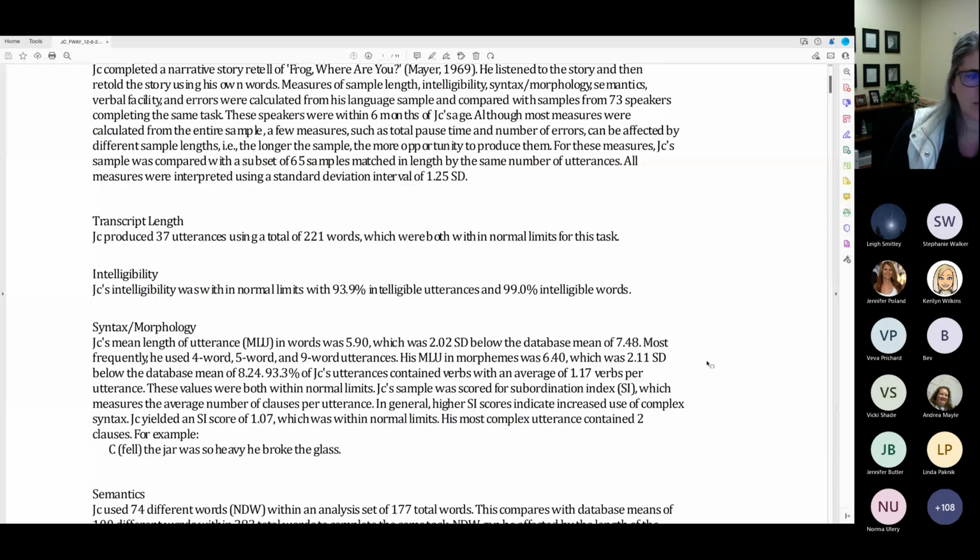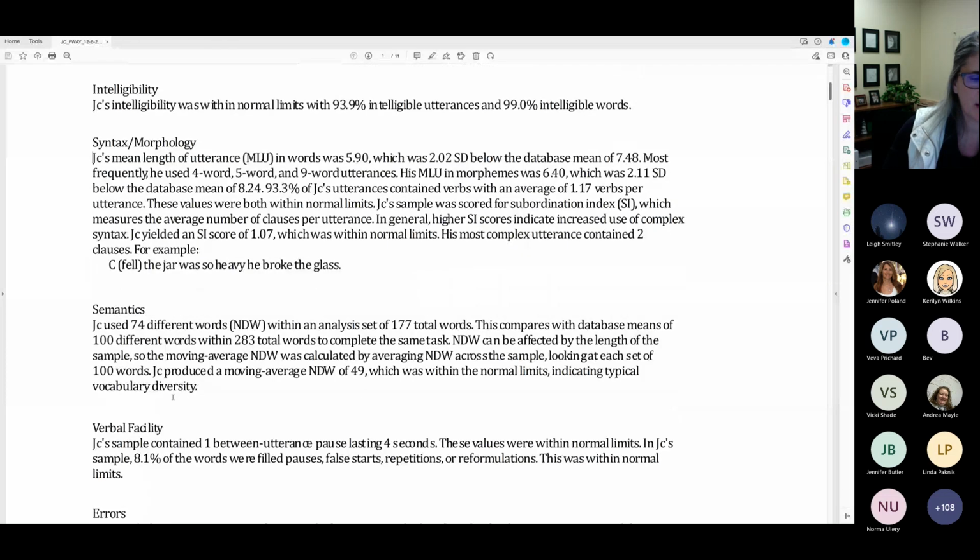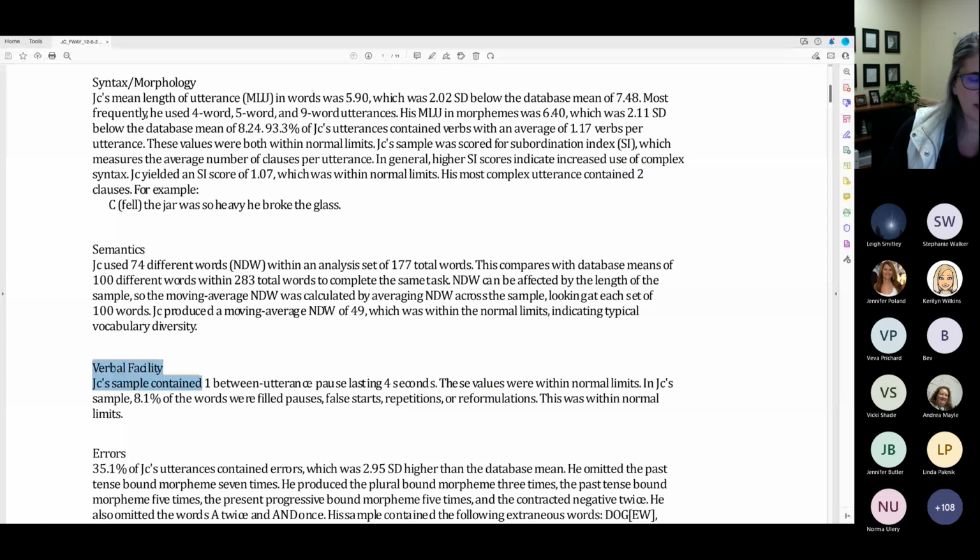I'm just going to kind of scroll through. You'll notice that they have them clumped into the major areas. So we've got intelligibility, syntax and morphology, semantics. Verbal facility is the fancy way of talking about how well you can organize your thoughts and ideas. So this looks at pauses throughout the sample.